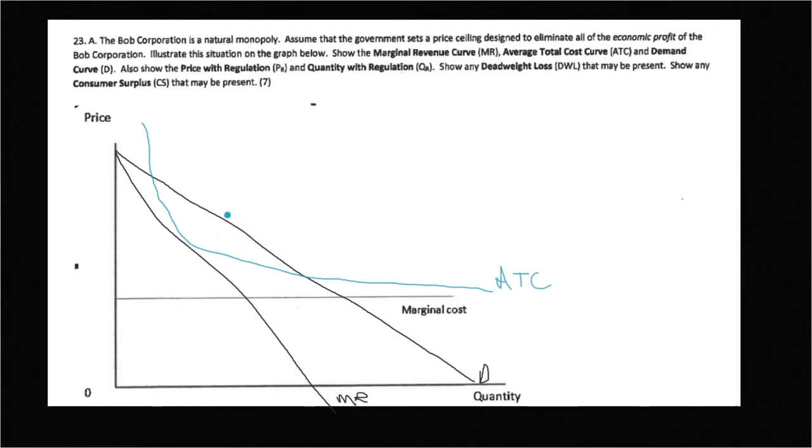So let's look at where marginal revenue intersects marginal cost. Alright, so we have our marginal revenue here. And if we were monopolists, we would charge this quantity and this price and then make this much profit.